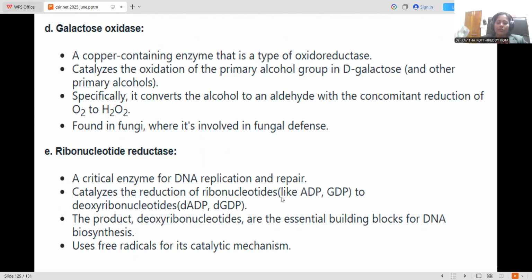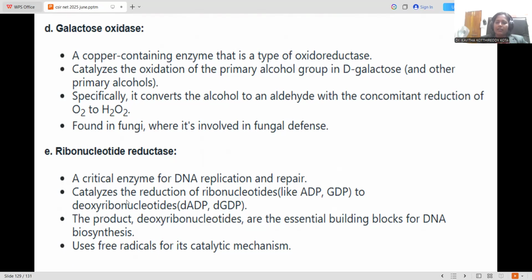It catalyzes reduction of ribonucleotides like ADP and GDP, adenosine diphosphate and guanosine diphosphate, to deoxyribonucleotides; dADP and dGDP formation is possible. The product deoxyribonucleotides are essential building blocks for DNA biosynthesis. This is the most crucial enzyme in our DNA biosynthesis process. It uses a free radical for its catalytic mechanism. The entire process is mechanized by the free radical process, right?